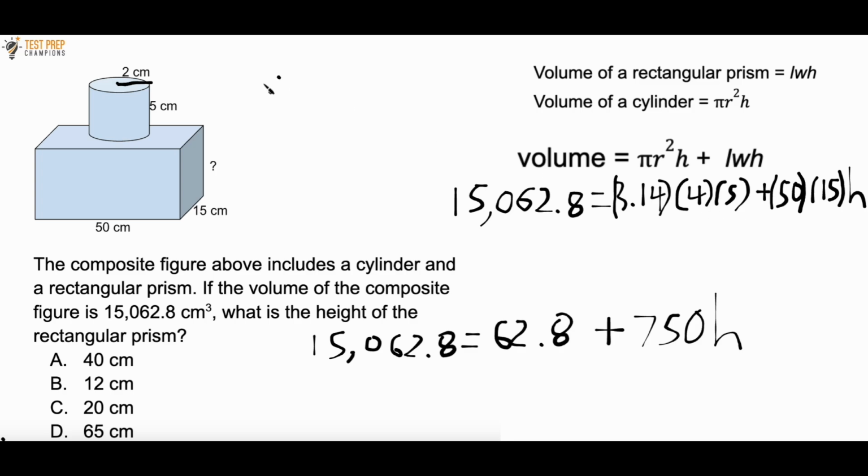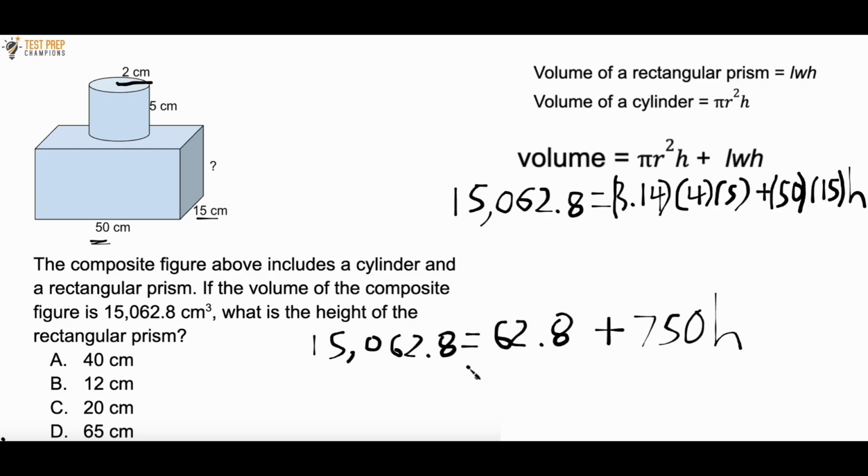Then I multiplied it by 5, which was the height of the cylinder. Then I add to it 50 times 15 times h, because the length of the rectangular prism is 50 and the width is 15. We don't know what h is, so I just leave it as h. So that's how I got this here. And of course, I just pulled the 15,062.8 along for the ride.